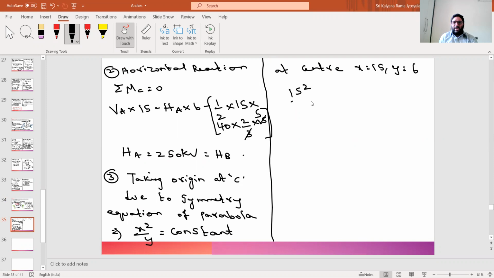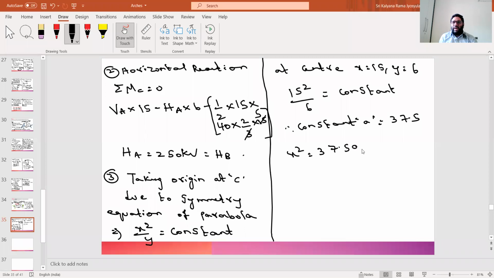Substitute it. 15 square by 6 is equal to constant. Therefore, constant A, we are giving some name, is equal to 37.5. So x square is equal to 37.5y, and y is equal to x square by 37.5.